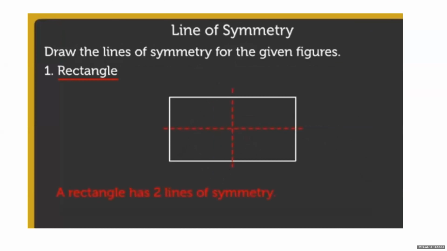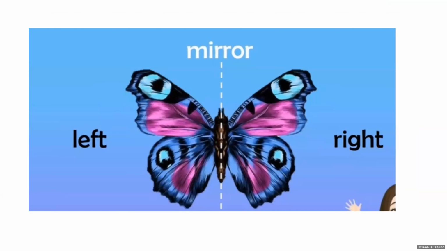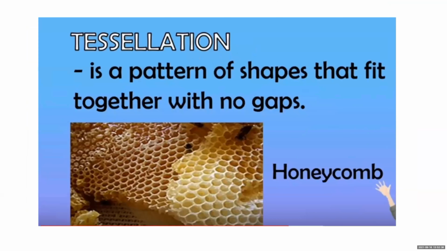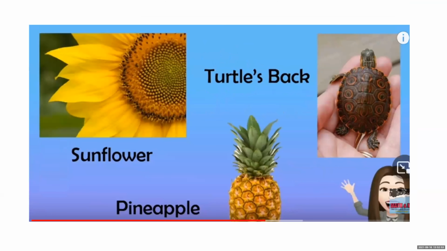Objects can have vertical or horizontal lines of symmetry. Example, rectangle. This is one example for vertical symmetry. Tessellation. Tessellation is a pattern of shapes that fit together with no gaps. Example, honeycomb. This is also an example of tessellation.